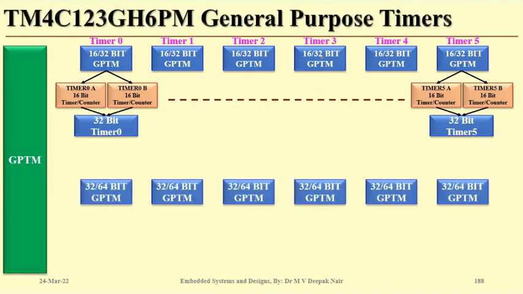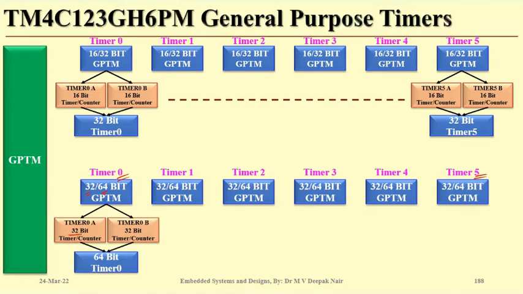Another set is again 6 timers, which can be used as 32-bit or 64-bit. Similarly, just like the above timer setup, if you want, you can individually use timer 0A, it can be 32-bit. Similarly, you can use timer 0B, it will be 32-bit.